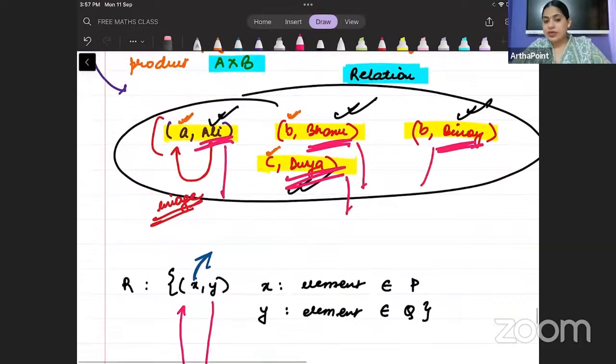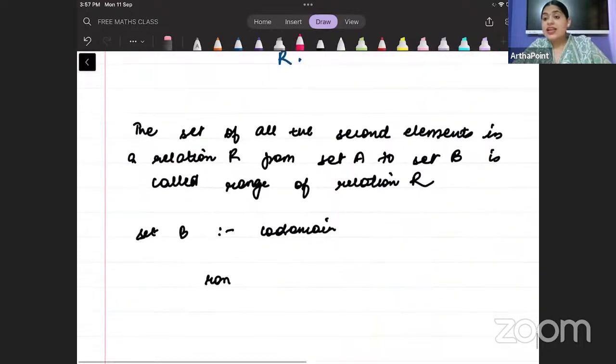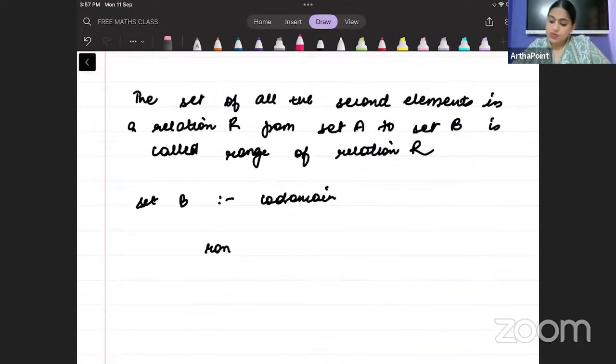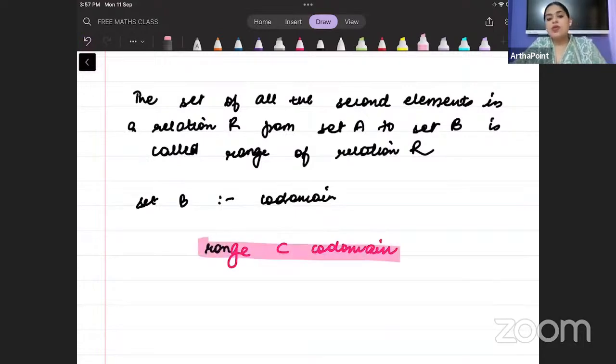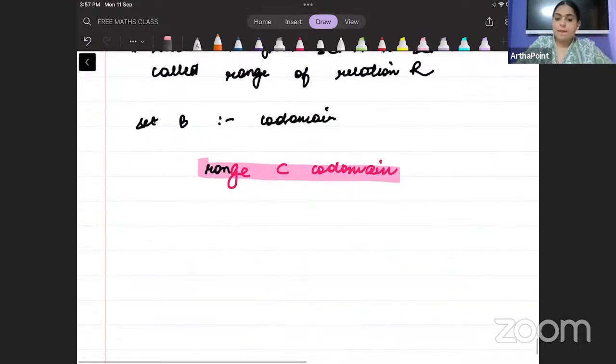Are you clear with it? So range is a little less than codomain a lot of times. So I can say that range is a subset of codomain. Is this clear? Absolutely clear. Should I move on to the questions? Any doubt anyone has? Okay, let's move on to the questions now.